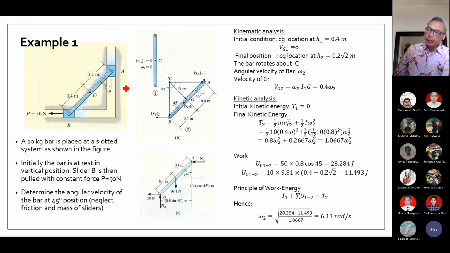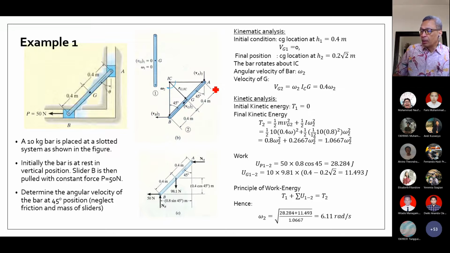And then the position where we have to find the angular velocity is at 45 degree. This is the second position, 45 degree. And at this position, we know that point B moves to the left with a certain velocity, Vb2, say.